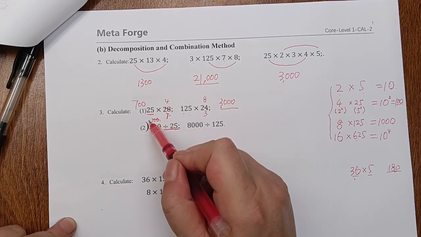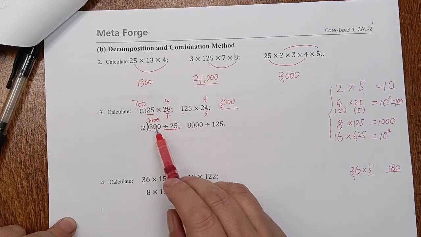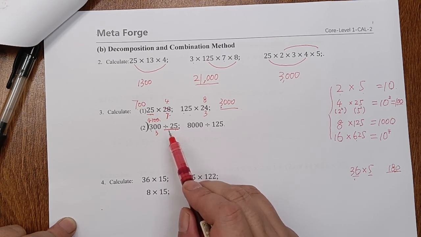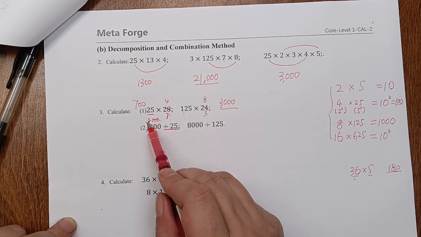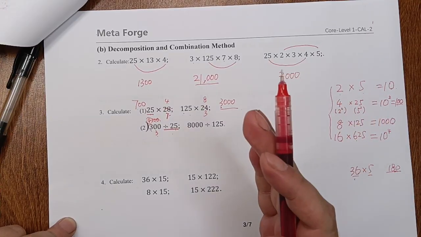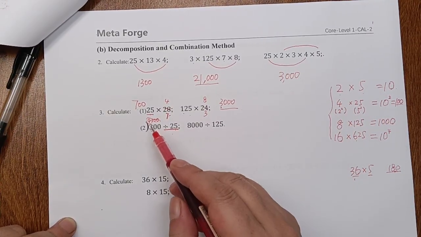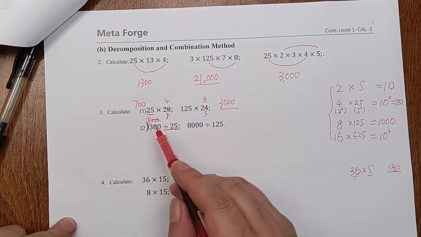So remaining 4. So you can tell yourself divided by 25 equals times 4. Omit the last half sentence.